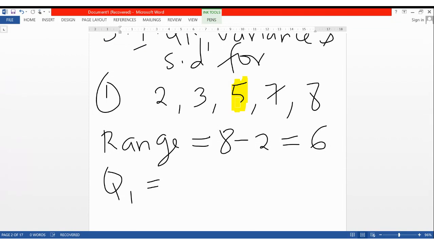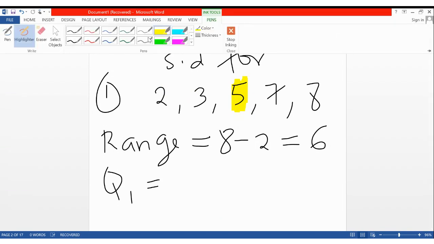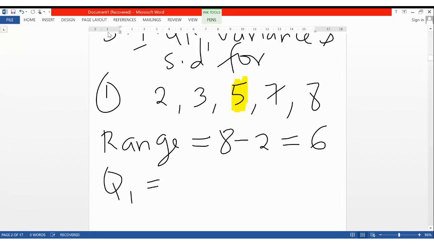Now, for the remaining numbers here, we shall take the median of the remaining numbers, which is 2 and 3. So we take the average. Q1 will be given by 2 plus 3 all over 2, which is 2.5. So you must be able to block the median.